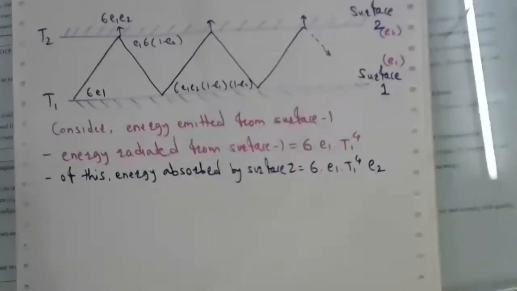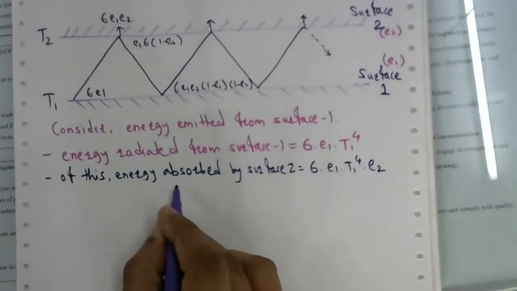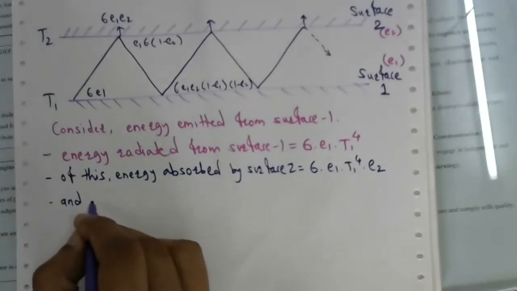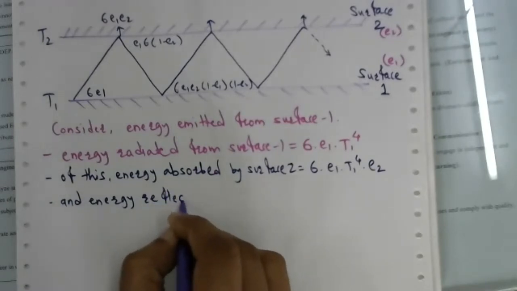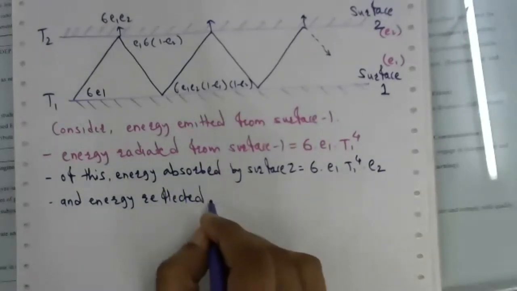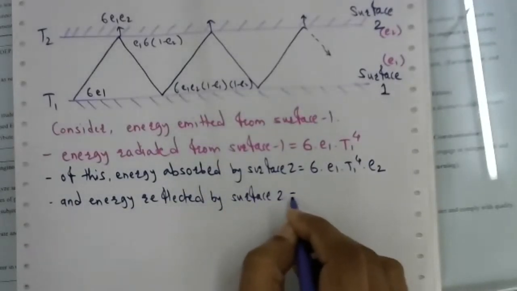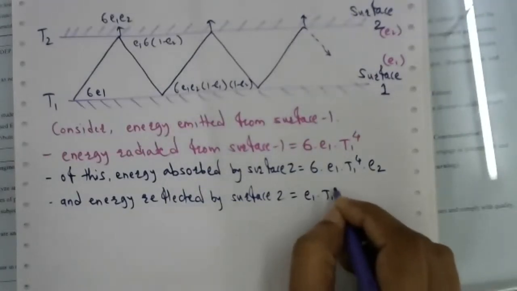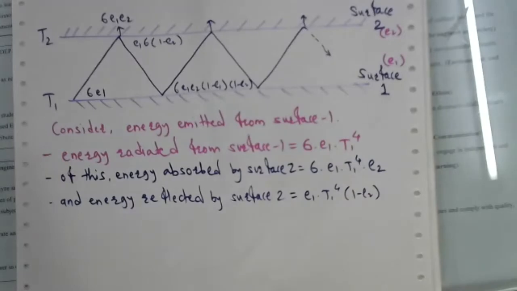Then, because some of the part radiated from surface 1 is absorbed and some part is reflected, the energy reflected by surface 2 is sigma E1 into T1 raised to 4 into 1 minus E2, right?